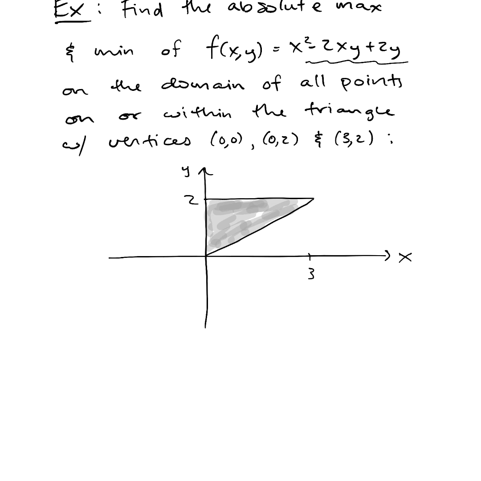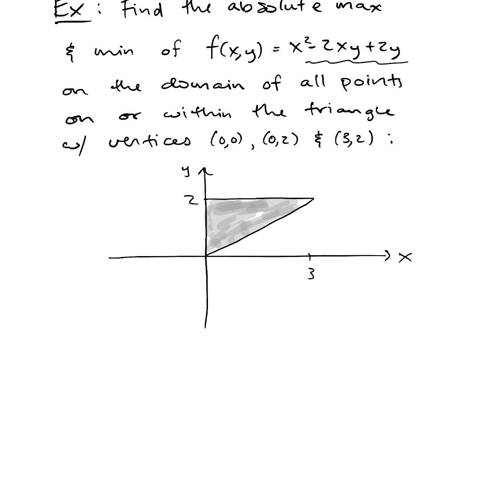Okay, so problems like this where you're trying to find the extreme values of a function on a compact domain really are broken into two pieces. The first piece is to try to find the critical points inside the domain, on the interior of the region. And that goes exactly as it went in the first video of 14.7.